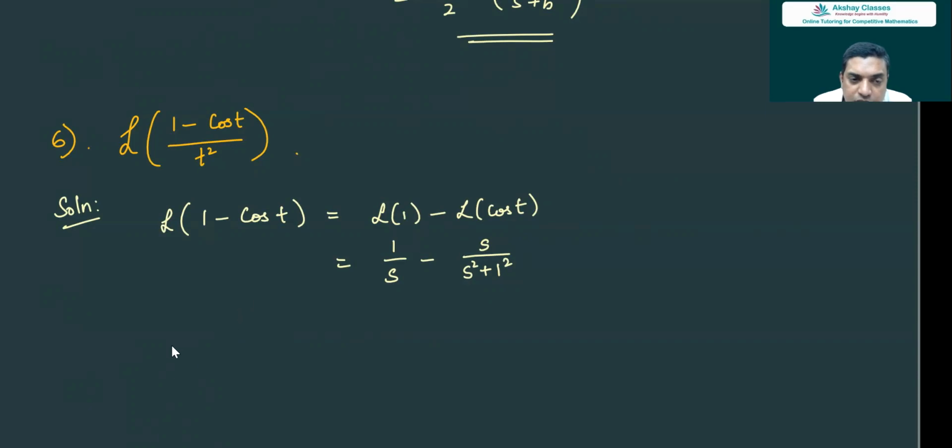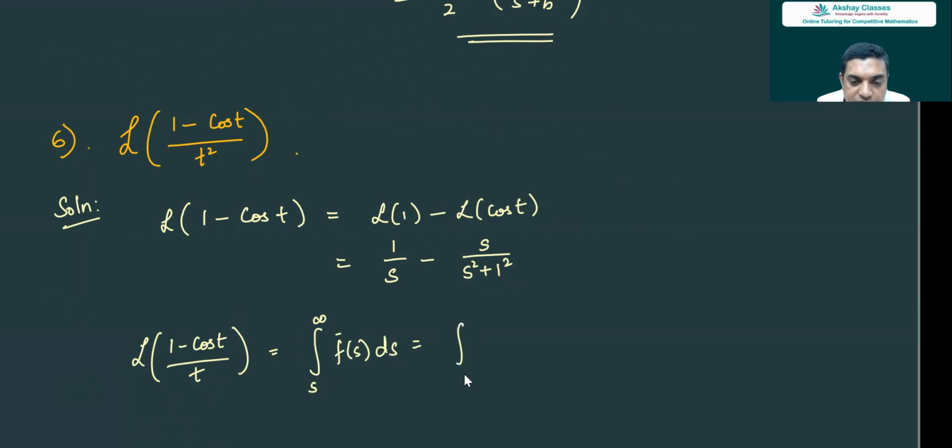Next, the Laplace transform of 1 minus cos t upon t. Now this is the integral from s to infinity of f bar s ds.